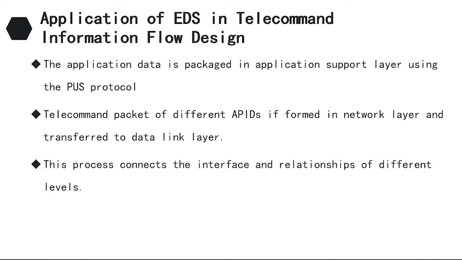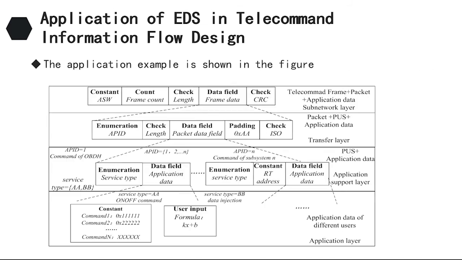Telecommand packets of different APIDs are formed in the network layer and transferred to the data link layer. This process connects the interfaces and the relationships of different levels, such as in this figure.